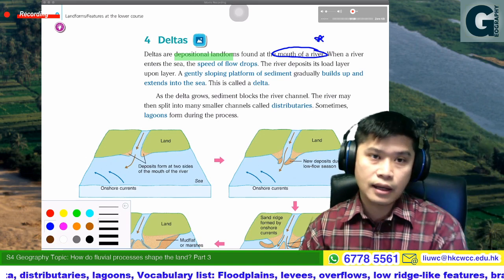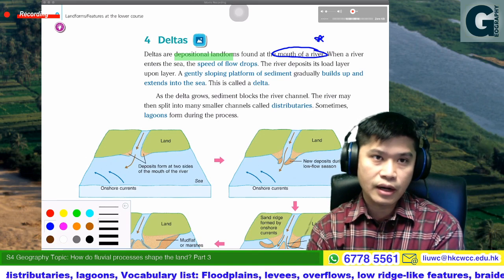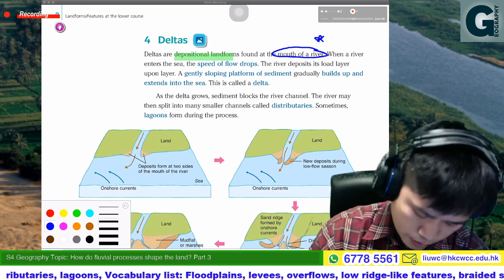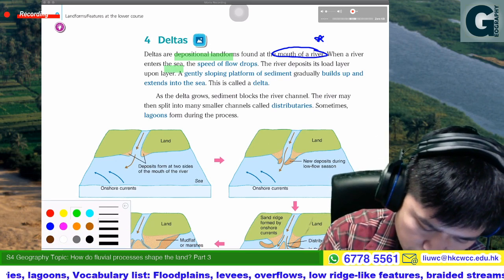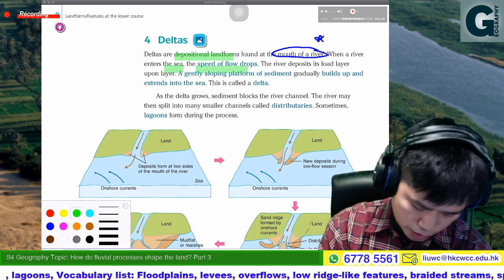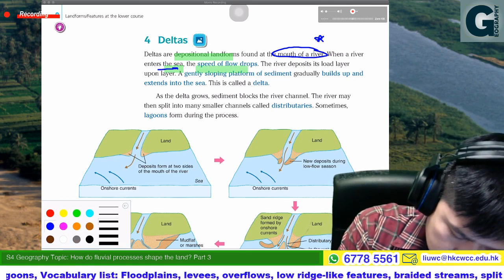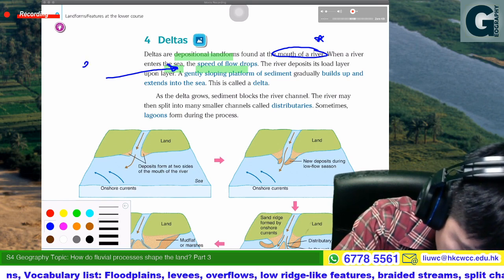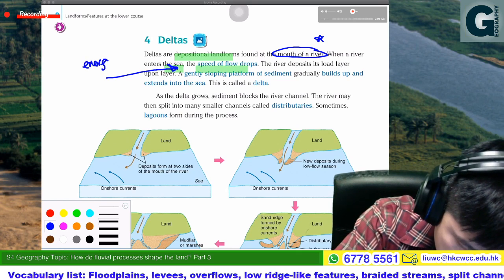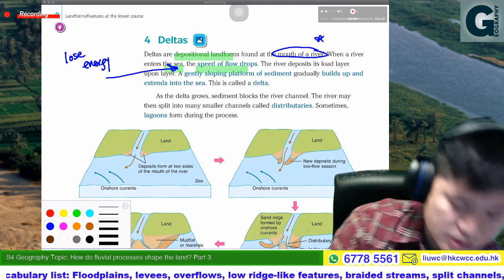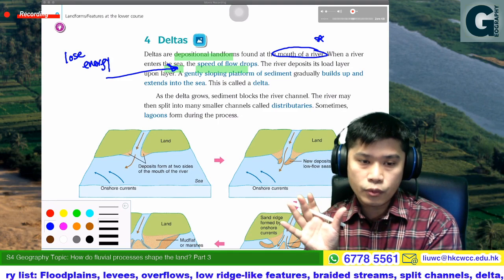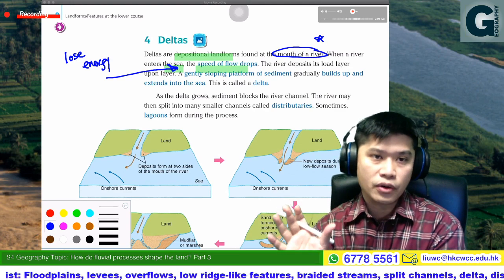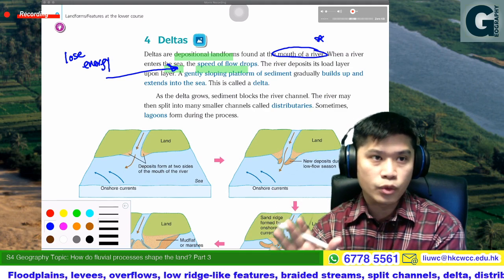一定大部分嘅情況就會喺河口嗰度出現㗎啦。Okay, so when a river enters the sea, the speed of river flow drops. It means again that the river loses its energy. When the river enters a large water body, it will lose energy.